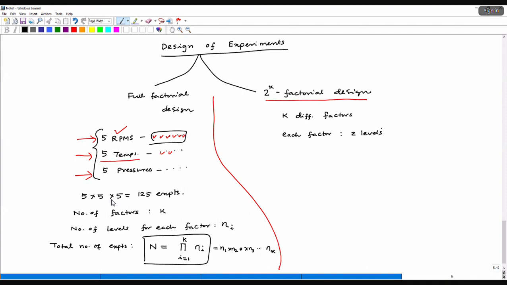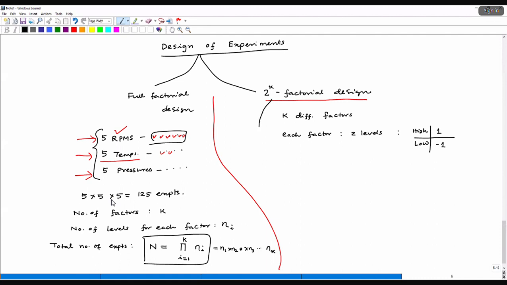You do some preliminary experiment to know what is the impact of each of these factors. So let's say some high and low. High you assign with a value 1 and low you assign with a value -1. Okay.